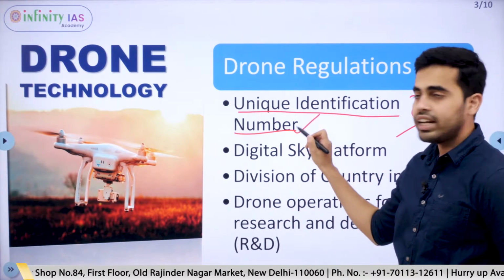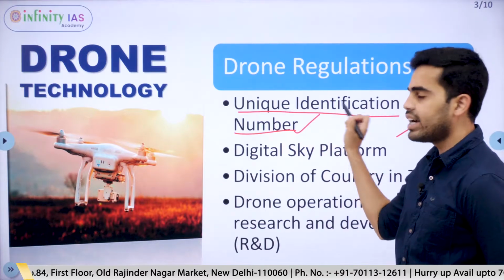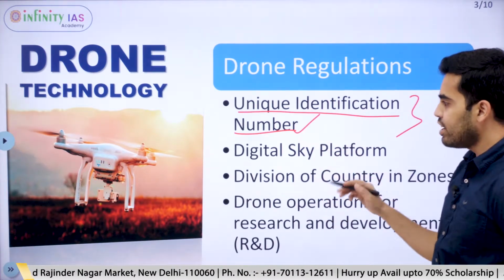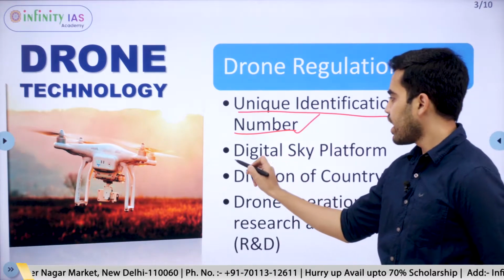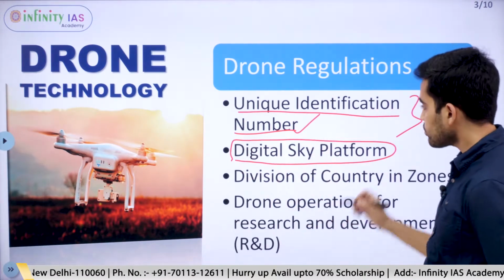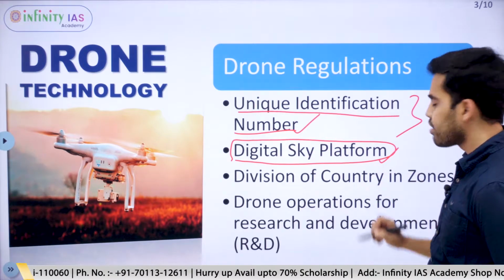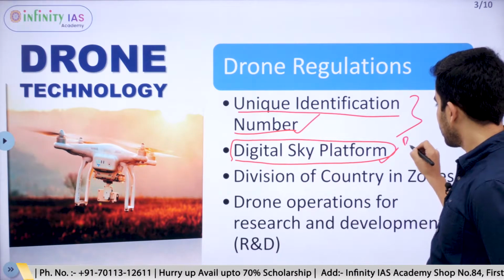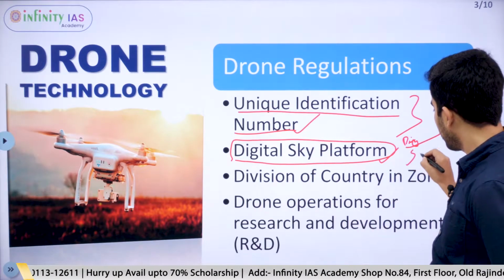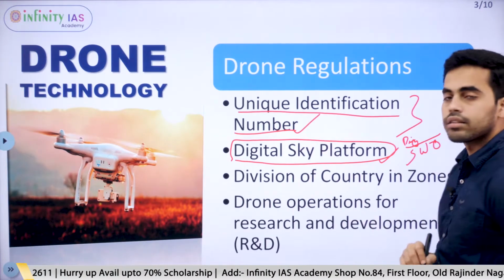Every drone in India will be given a unique identification number. How will this be given? Every drone and its operator has to register on the Digital Sky platform. The Digital Sky platform is a digital platform and acts as a single window operator.